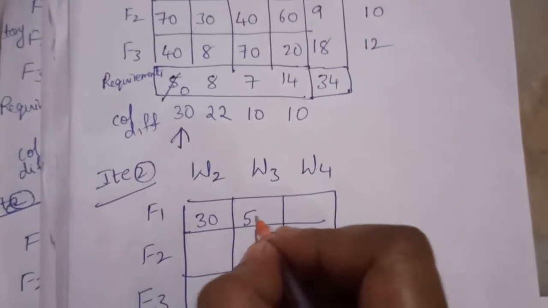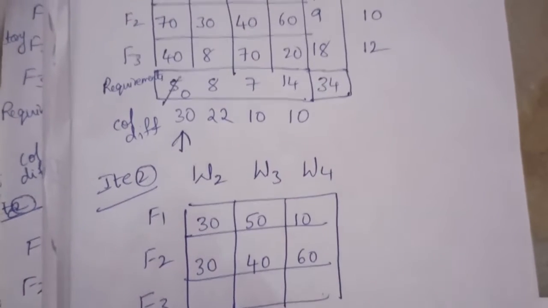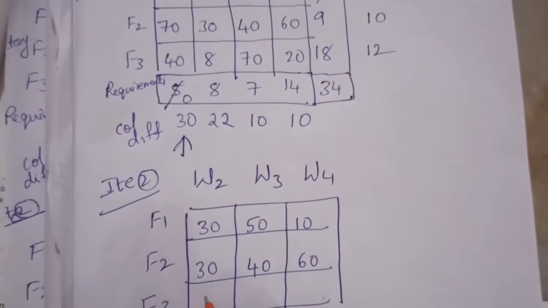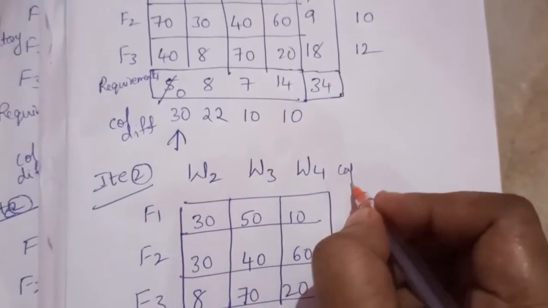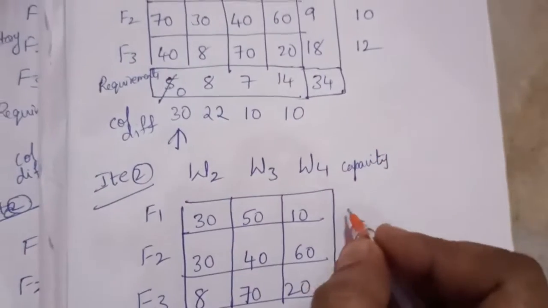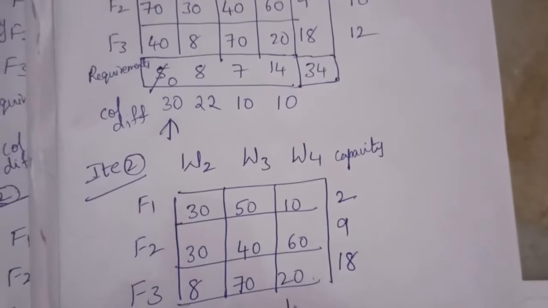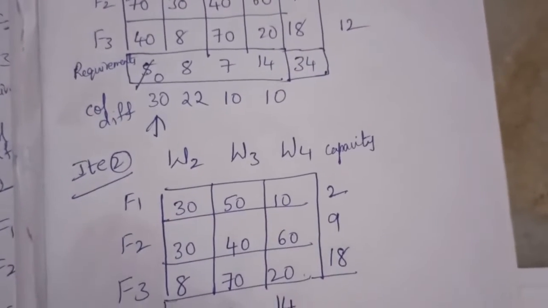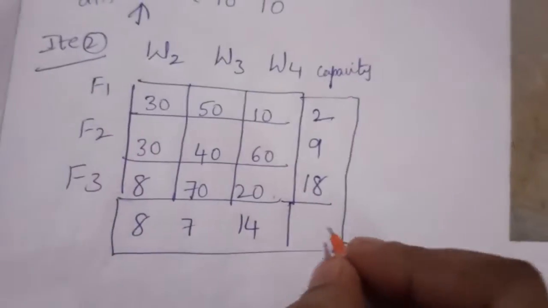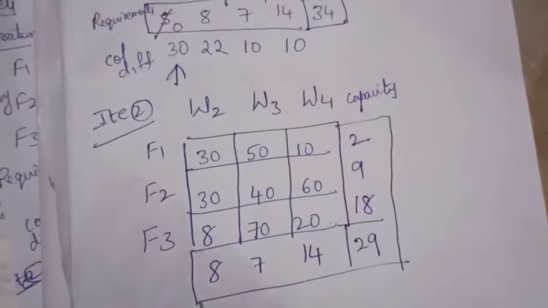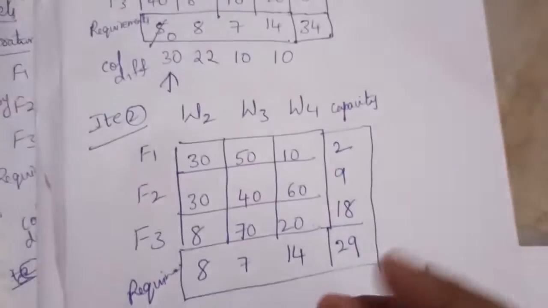The costs are 30, 50, 10, 30, 40, 60, 8, 70, 20, and the capacities are 2, 9, 18, 8, 7, 14. If we take the sum, here we get 29. These are the requirement values and these are the capacity values.